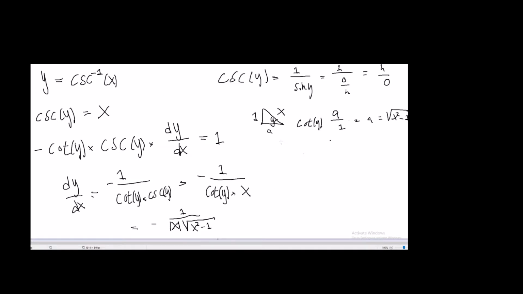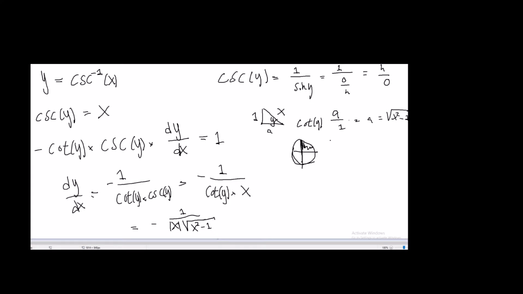At one point, remember that cosecant is just 1 over sine of y, and the inverse of cosecant is just some angle, and everywhere where the inverse of cosecant of x is defined is between the minimum and maximum of sine.